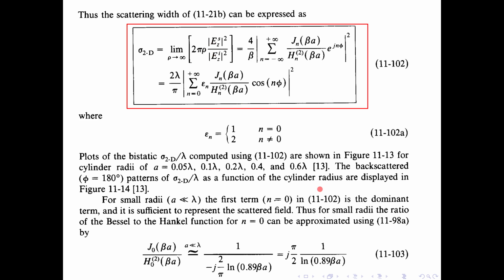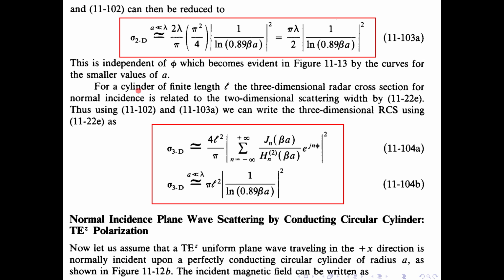We can make a small radius approximation also in the case that the cylinder has a very small radius. This is the radius much smaller than lambda. This is the same approximation that we did before, and we obtain the small radius approximation for the two-dimensional radar cross-section of the cylinder.